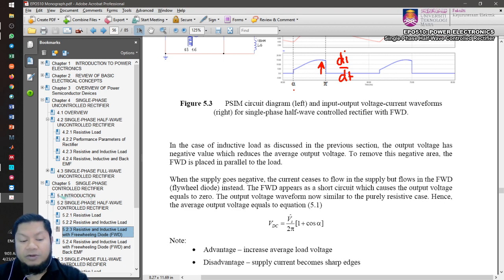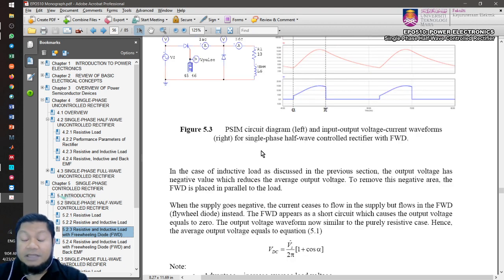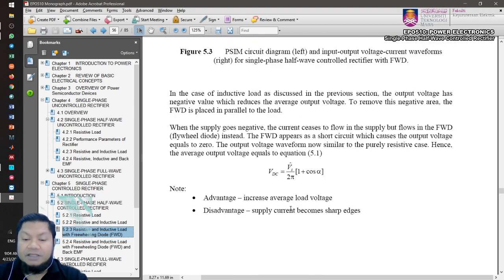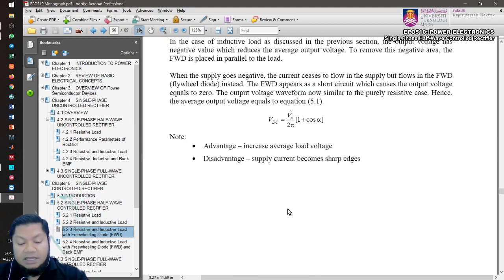Of course, the thyristor will suffer more if it jumps from almost peak value to 0. So that is really the disadvantage of having this freewheeling diode, or sometimes we call it a flywheel diode, FWD.